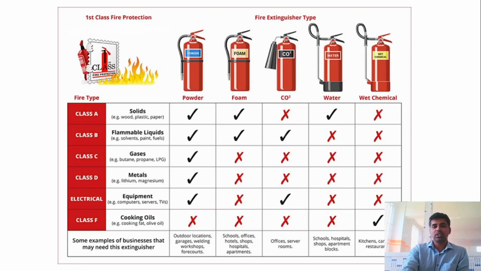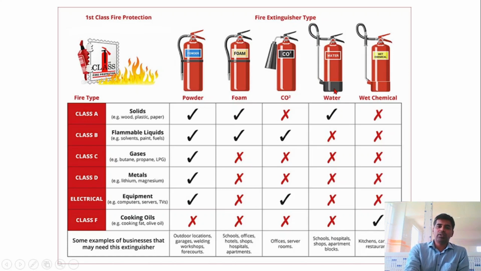While using this carbon dioxide extinguisher, the person handling it should have a face mask. And in electrical conditions also we can use the carbon dioxide type of extinguisher. I hope you people could easily understand.